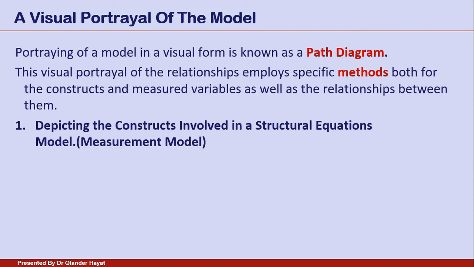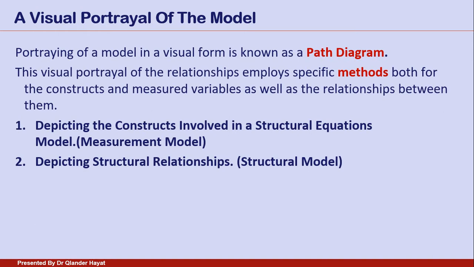Now we come to the visual portrait of the model. As I have told you, in SEM we describe the relationships in visual form, and that visual is known as a path diagram. The visual portrait of the relationships employs specific methods both for the constructs and measured variables as well as the relationship between the two.